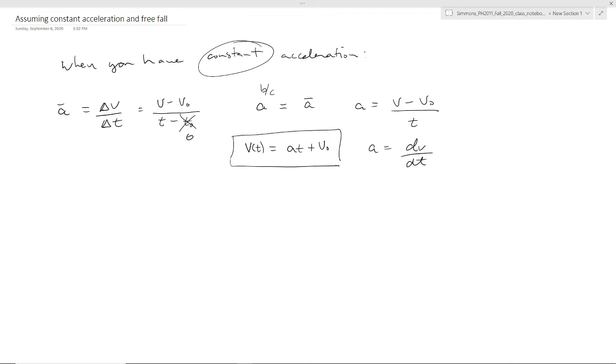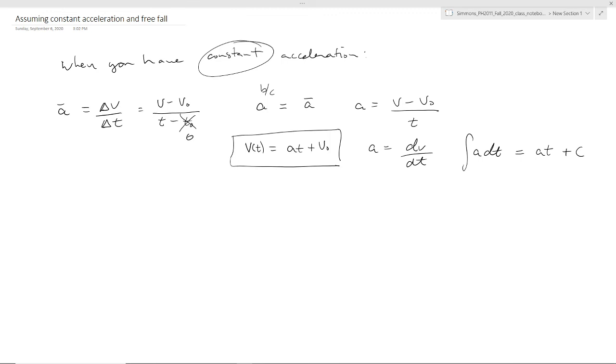So if you integrate the acceleration, assuming it's a constant, it's just a number, right? What are you going to get? Well, the integral of a constant, you would pick up a factor of t plus a constant.